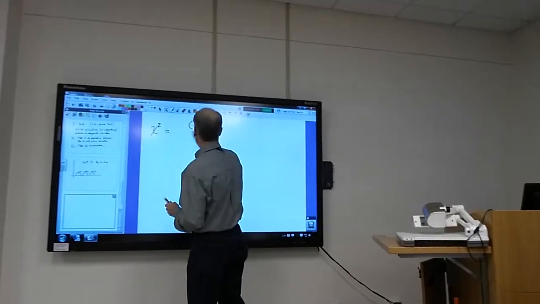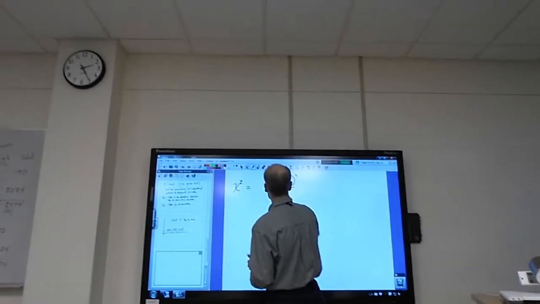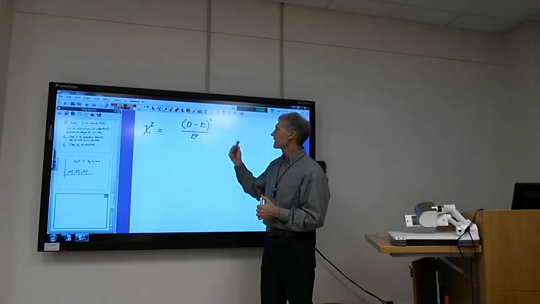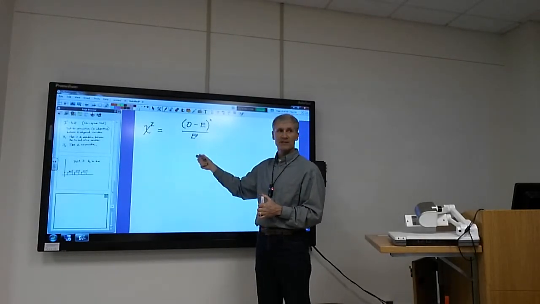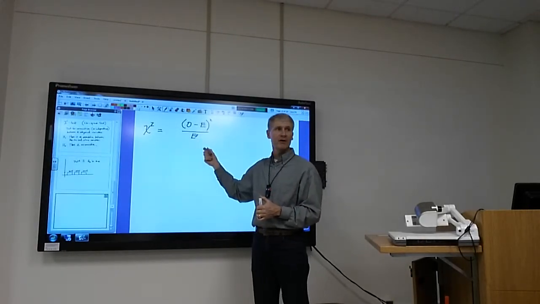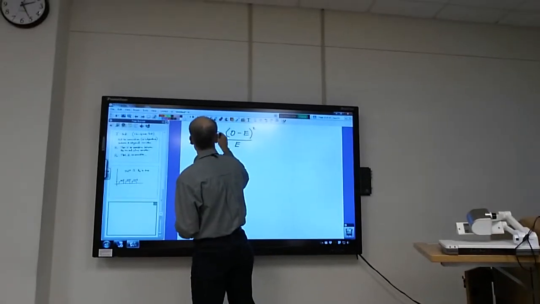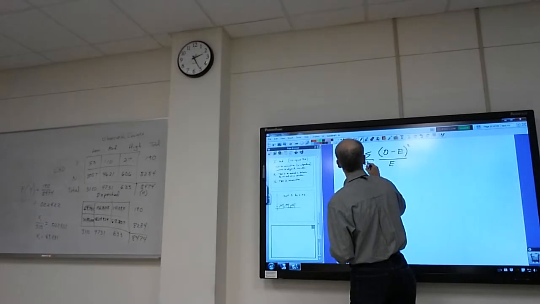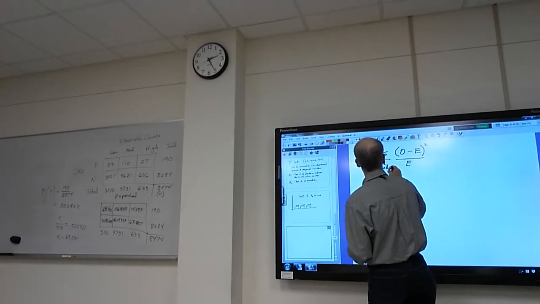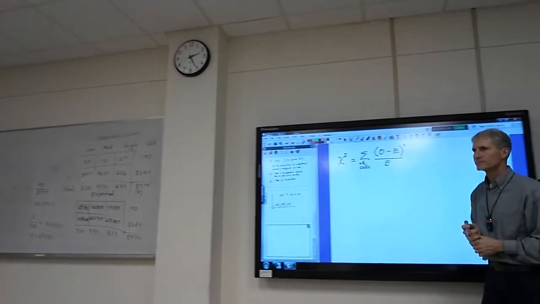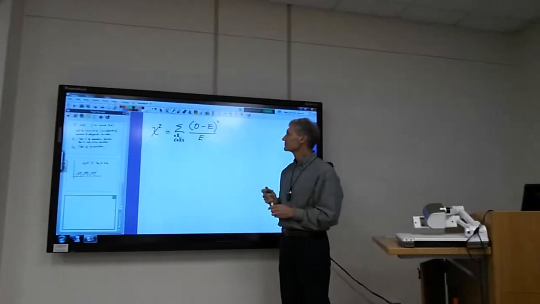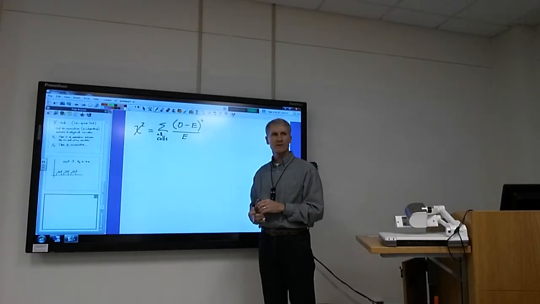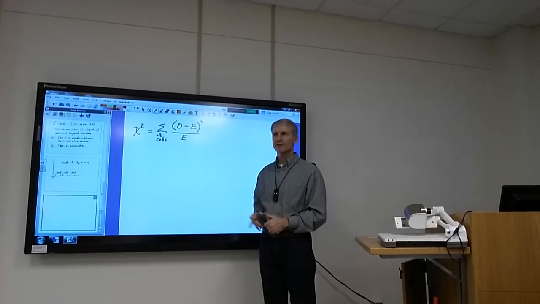I'll say more about that in a second. And then standardize it by dividing by E. You're going to do that for every cell of the table, and then you're going to sum them all up. So I'm just going to write it this way. Sum across all cells. Everybody knows the capital sigma means summation in mathematics, right?